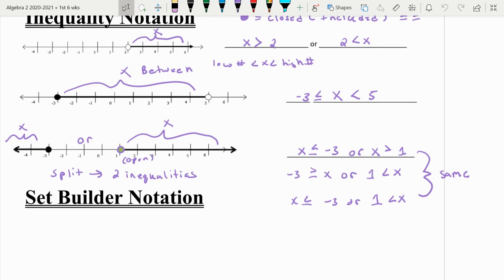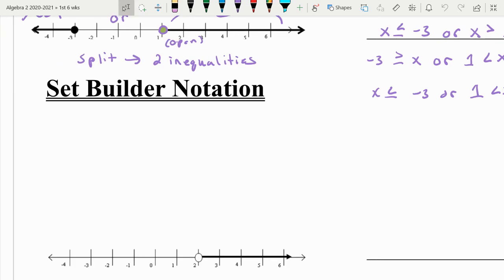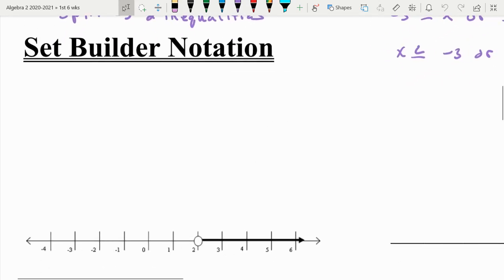It can declare different number sets, and you may recall some of this stuff from middle school or not, but I'm going to write them over here. So let's go through different number sets we can use. This vocabulary is going to be very important for set builder notation. So big N, that is the natural numbers.